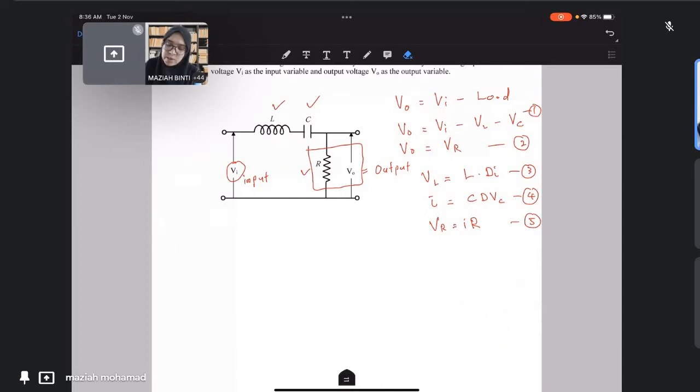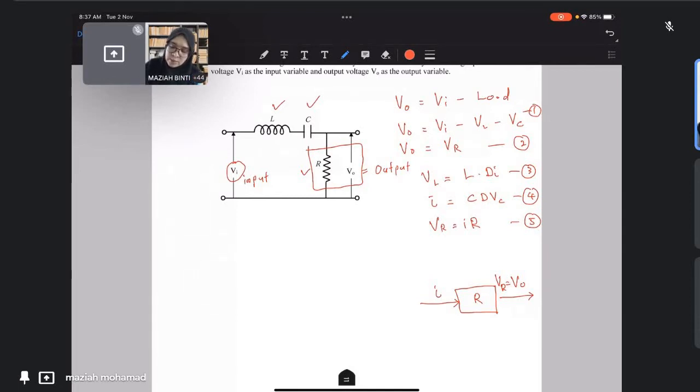Let's use equation number 2. V out is equal to VR, since VR is IR. I multiplied with R, so we will get VR, which is equivalent to V naught. Then we can solve for I.